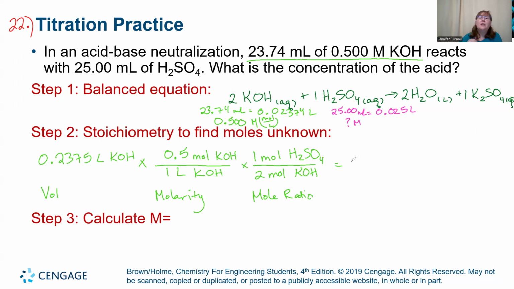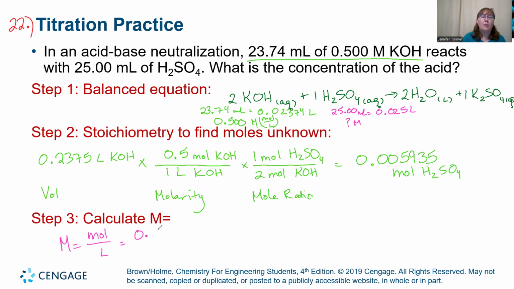As I look at this, I'm only going to be able to have 3 significant figures in the end, but I always like to leave one extra one in this intermediate step. And so this would give me 0.005935 moles of H2SO4. And again, here I calculate molarity equal to moles per liter.